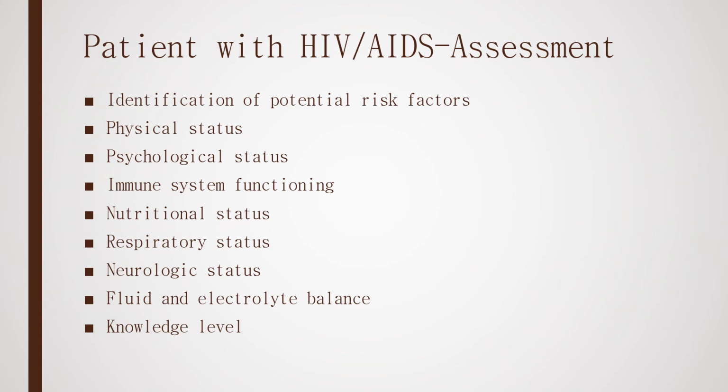So when we do an assessment, we need to find the factors that put the patient at high risk for death: the physical status, psychological status, immune system functioning. That means we need a set of laboratory tests, including CD4 plus.